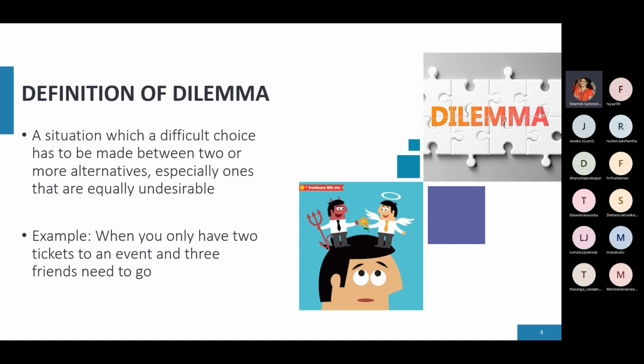But unfortunately, once they come, you realize that there are only two tickets. So the problem is, your two friends are there and you have only two tickets. Now you are in a critical situation. If you take only one friend with you to the movie, the other friend will feel bad, and there could be some collapse in your good friendship.